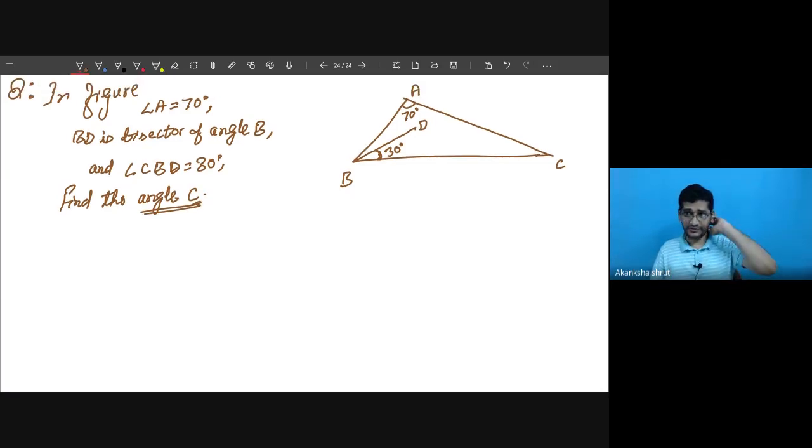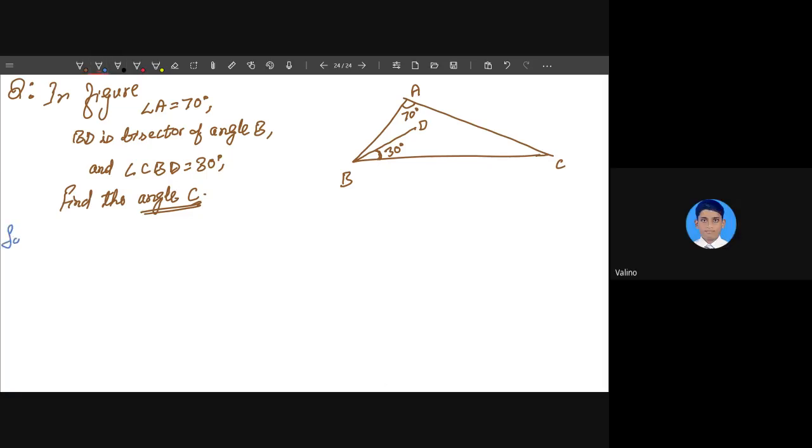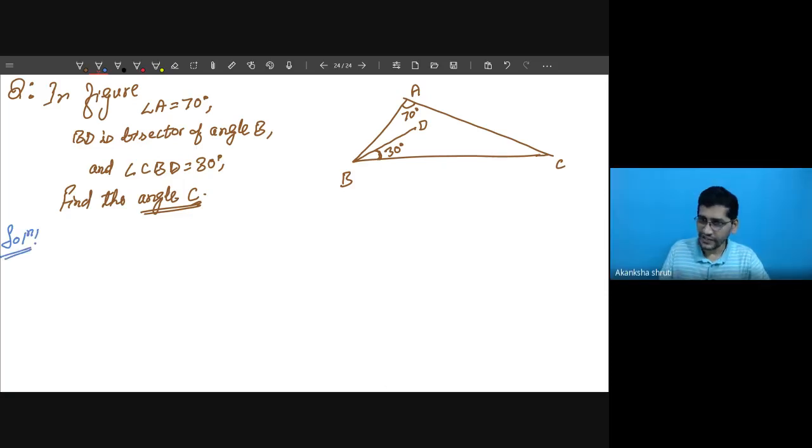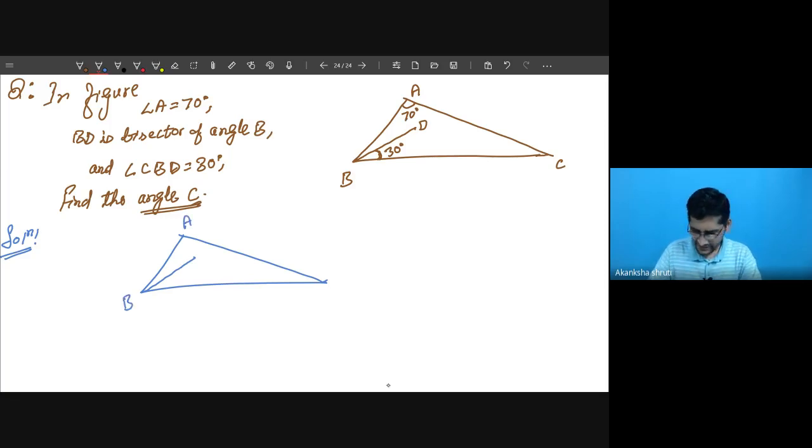Here one of the bisectors is given. Yes, student, calculate and tell me quickly. Sir, angle B is 60 degrees. Very good. Student, observe carefully. Last day we learned that if there is any angle bisector, it simply means it divides the complete angle into two equal halves.